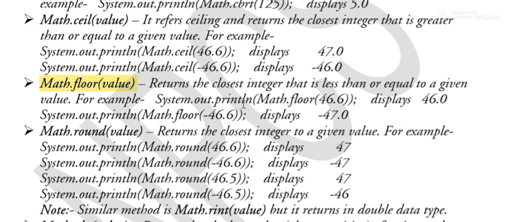For example, if we give Math.floor(46.6), then 46.6 lies between 46 and 47. Here ceiling gives 47 and floor gives 46, so its result is 46.0. And in the same way for negative numbers, Math.floor(-46.6) will give -47.